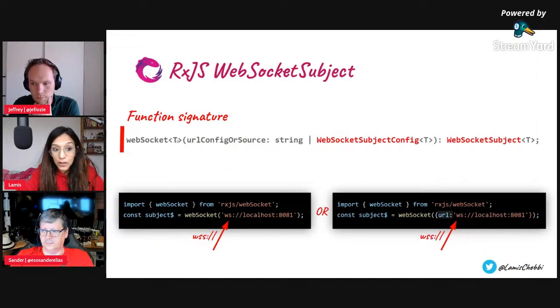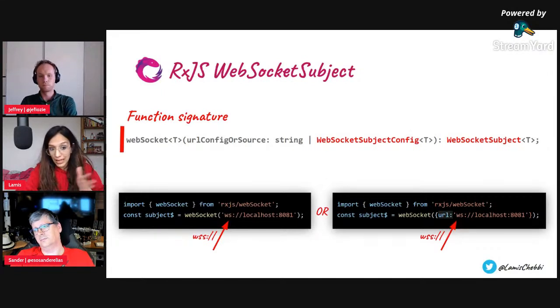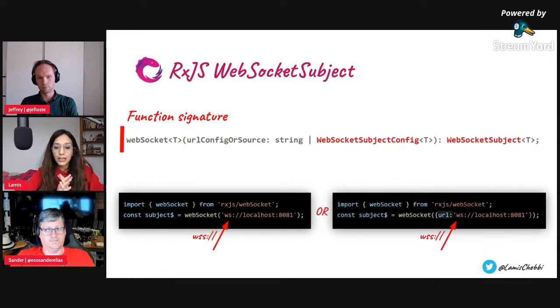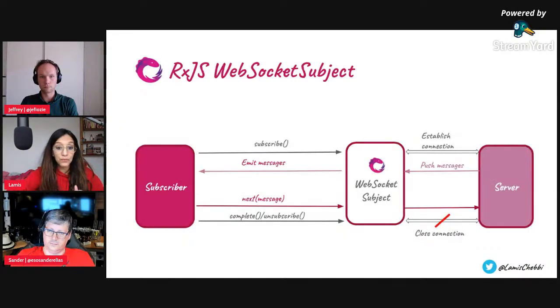This is the signature of the function, it accepts two kinds of parameters: either the string, as I said, of the WebSocket endpoint, or a plain object, the WebSocket subject config, which I'll be describing later in this presentation. For now, just keep in mind that there are two ways to call this WebSocket factory function, and it will return for you the RxJS WebSocket subject pointing to your WebSocket endpoint.